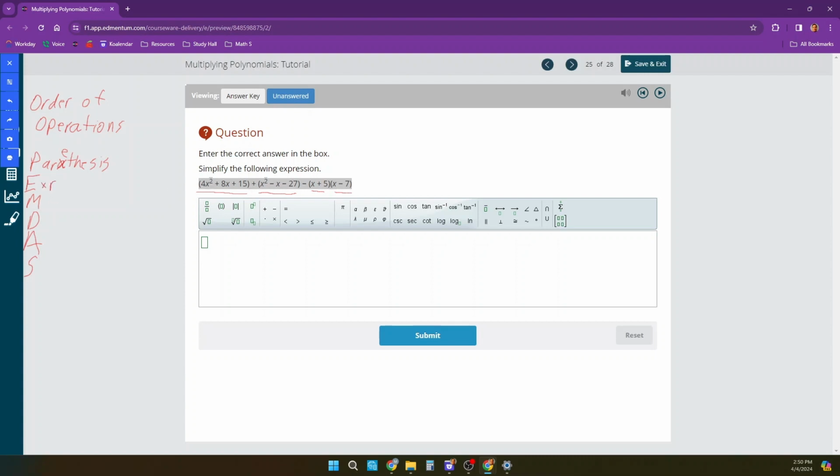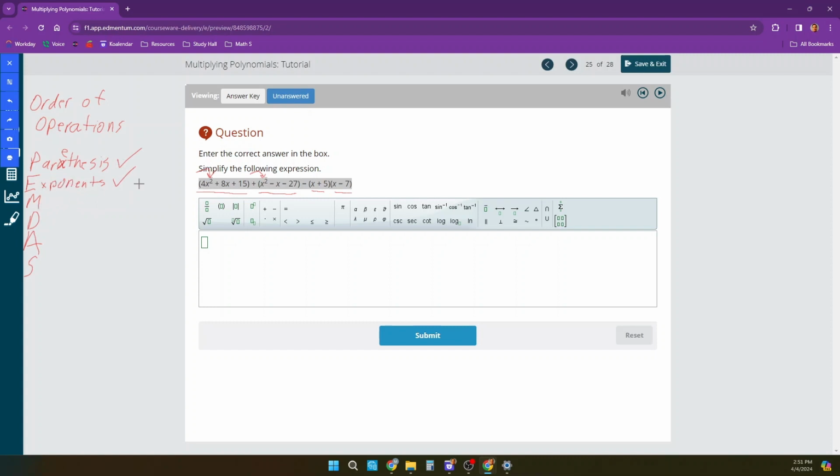Next is exponents. And although we do have exponents here and here, once again, there's nothing to really solve or simplify there. X squared, until we know what that x is equal to, is just going to remain an x squared. So we're good with parentheses, and we're good with exponents.